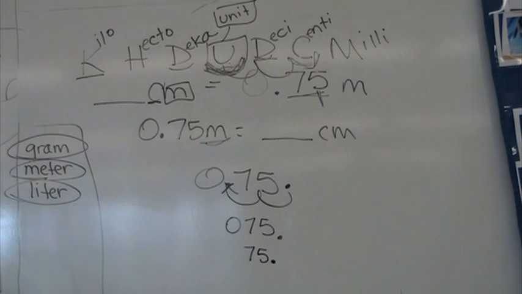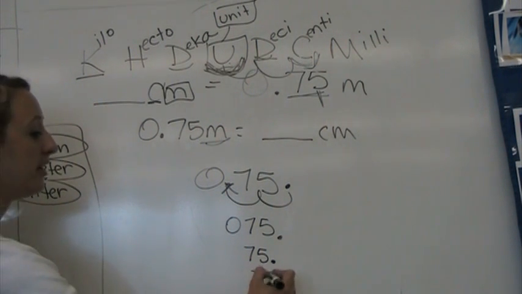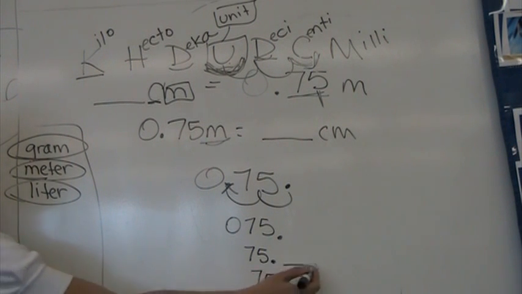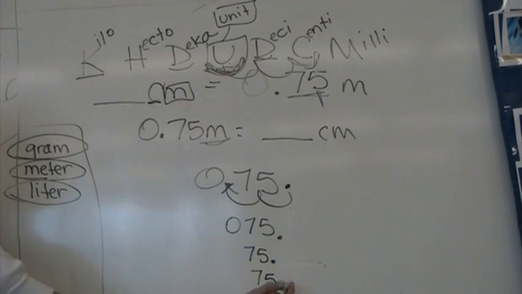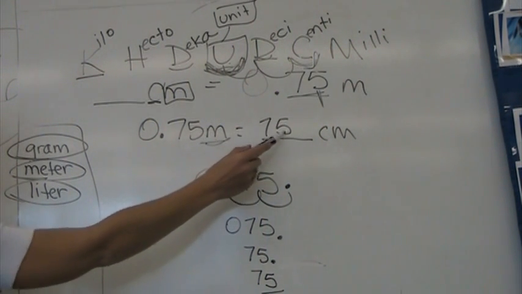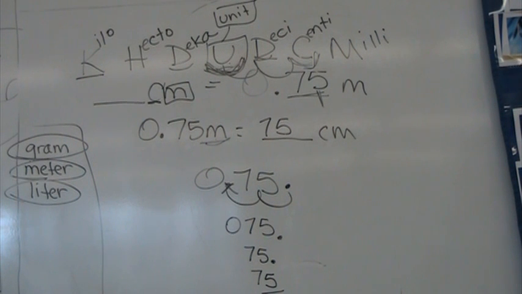Is there another way that I can write 75 with a decimal? Just 75. Any number with a decimal on the end, if there's nothing behind the decimal, could just be written as a whole number. So that means that 75 hundredths of a meter is the same thing as 75 centimeters.